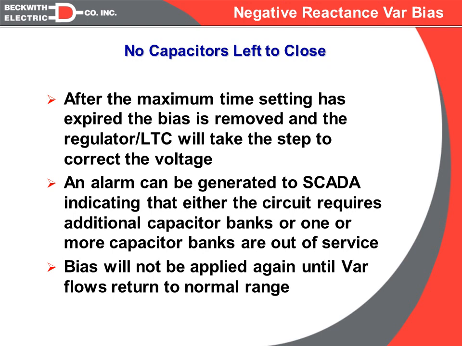Therefore, it's an indication that we either don't have enough capacitance on the circuit or one or more of our existing capacitor banks is out of service, both of which is valuable information. And then, if that's the case, the bias will not be applied again until the VAR level returns to within normal ranges. Then the next time it exceeds, the bias will be attempted again.